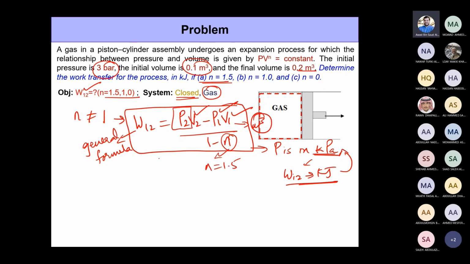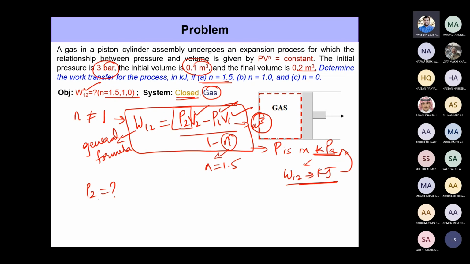So the question is, how do we determine P2? Any ideas? Any suggestions? Can we say that PV1 is equal to PV2?